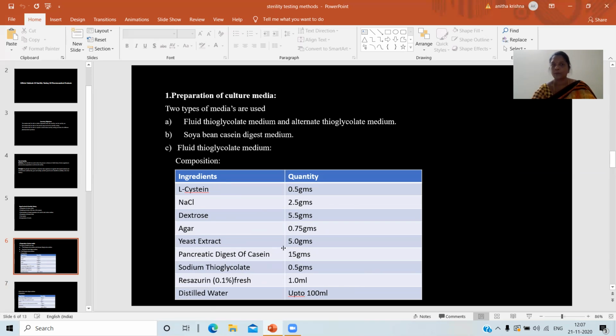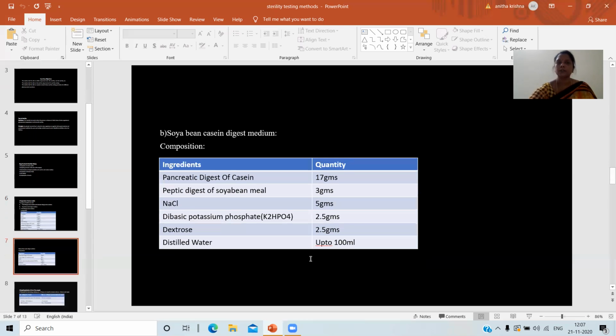So this is the composition of your fluid thioglycolate medium, and most importantly, it is used to test products which are viscous and oily in nature. The second medium is soybean casein digest medium. It is also used to test the presence or absence of bacteria and fungal forms.